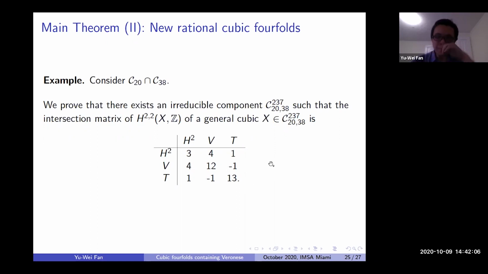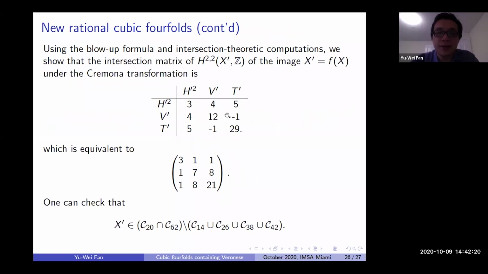For a cubic in this irreducible component, we can apply the Cremona transformation that we just mentioned. It turns out that this gives another cubic fourfold with the algebraic lattice looking like this. Here we still have a Veronese V prime, and there's an extra class T prime. You can check that this lattice is equivalent to this intersection matrix.